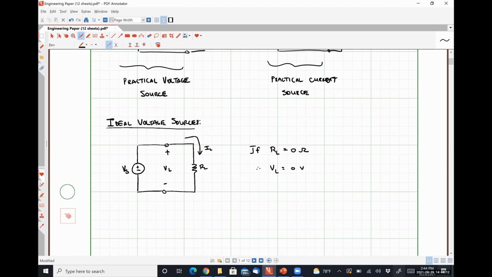But that short circuit is connected in parallel with a voltage source, having a voltage Vs, which isn't necessarily 0. So there's our problem, right?